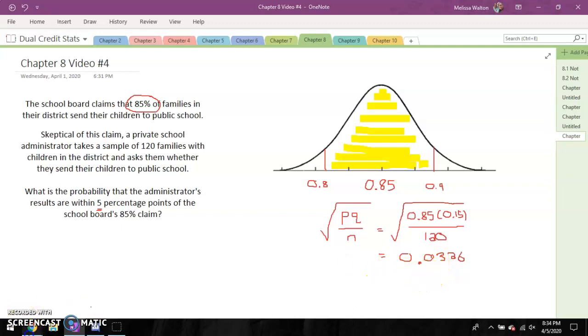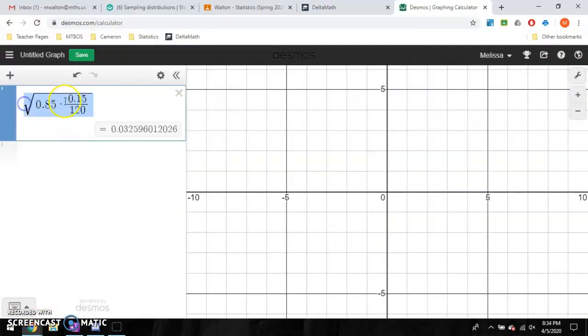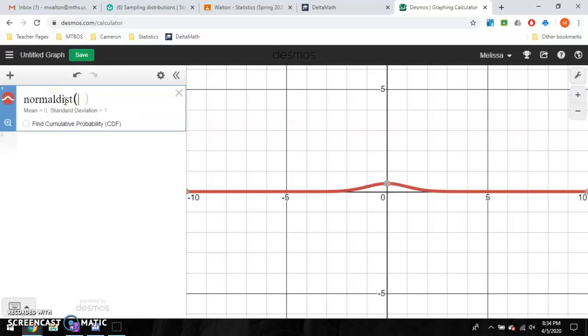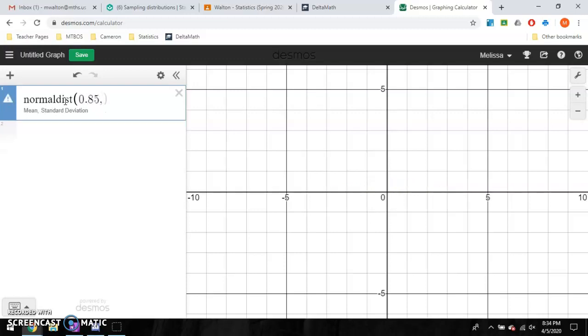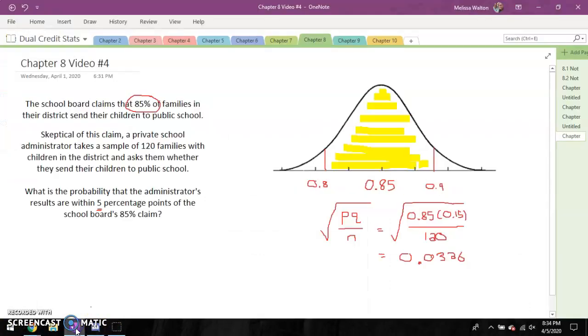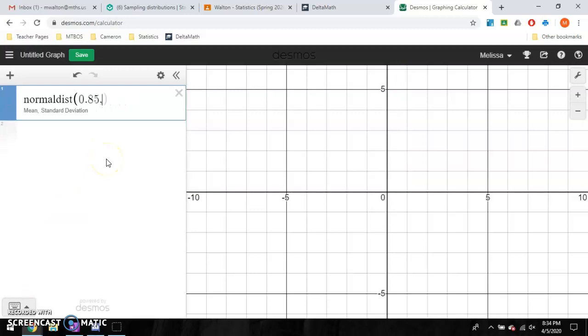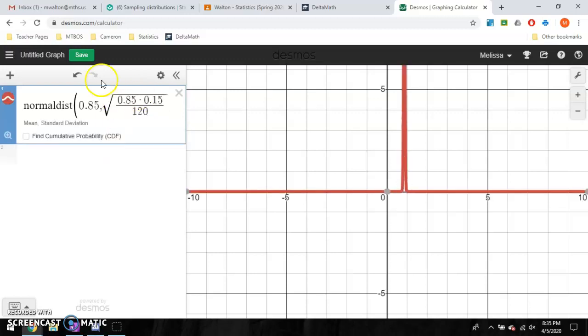We have a normal distribution with a mean of 0.85 and a standard deviation of 0.0326. And as a heads up, if you didn't want to spend the time calculating that, you could type in that calculation right here. It would work just the same.